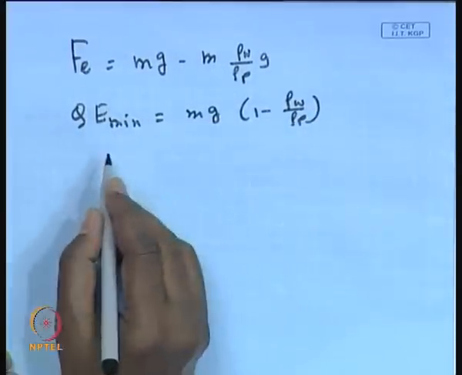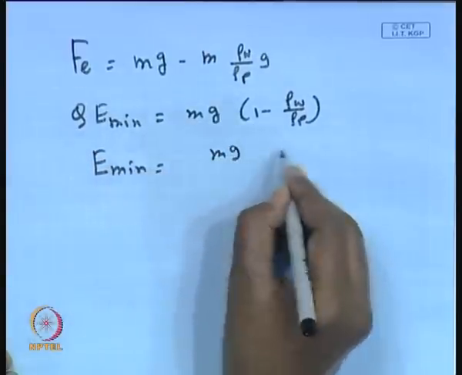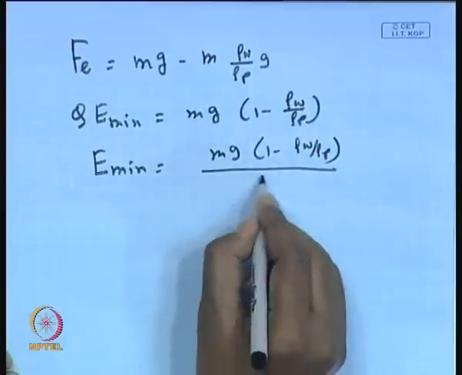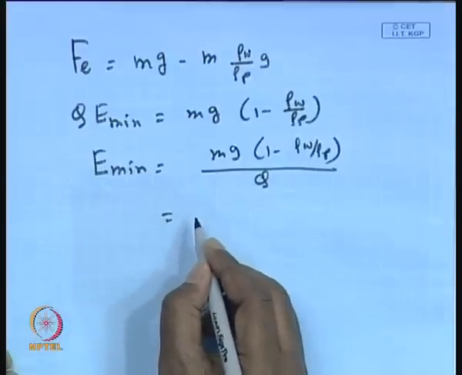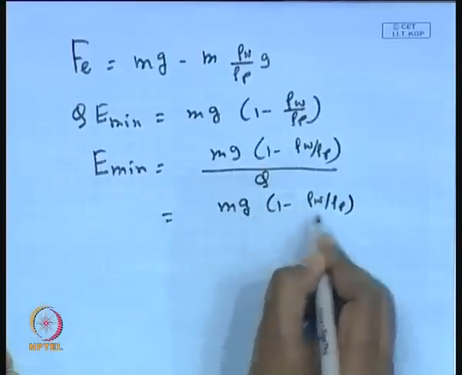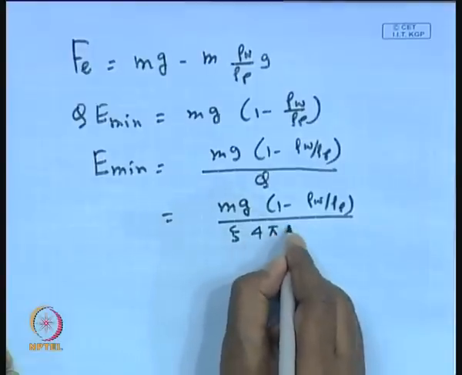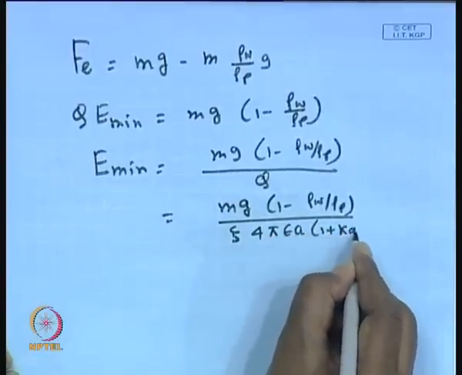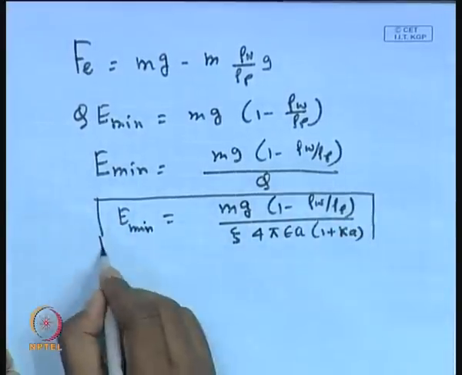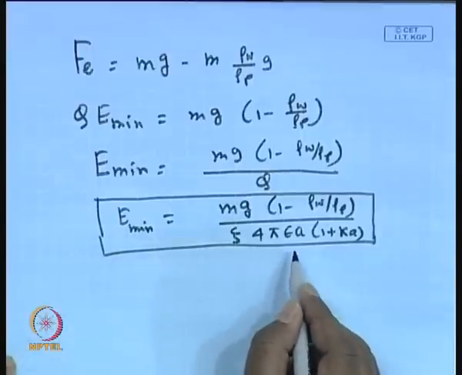So, you can find E minimum is mg times 1 minus rho w by rho p, that is the density difference, divided by q, and q is known to you in terms of zeta potential as zeta times 4 pi epsilon a into 1 plus kappa a. This is the expression of the minimum field strength that is required to set the particle in motion.